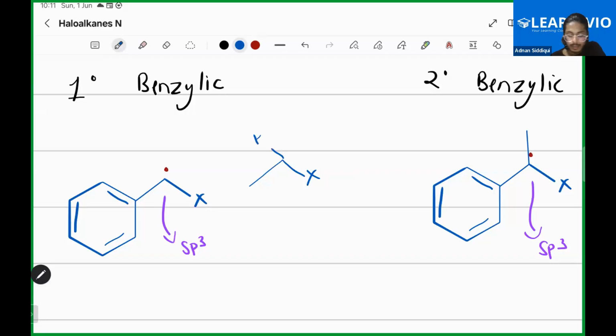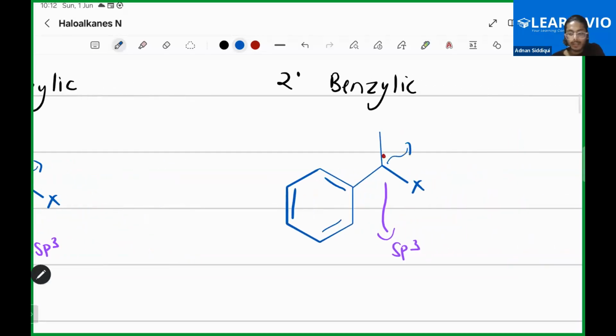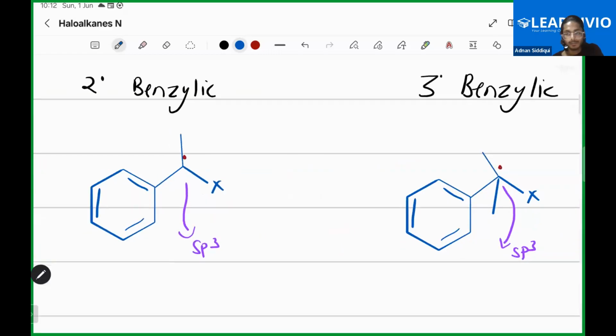It is understood that hydrogens are here. Yes, sir. We don't show hydrogen in these bond-line types of structures. So if you have to calculate the hybridization of this carbon, then what should be the hybridization? sp3, right? Here, what should be the hybridization? sp3, and again here sp3.